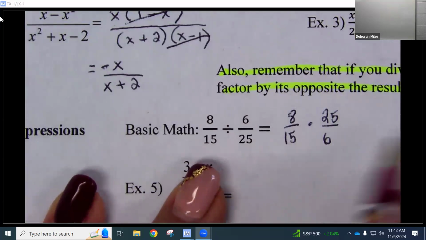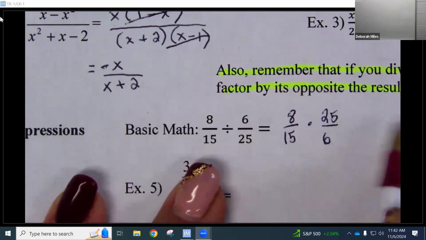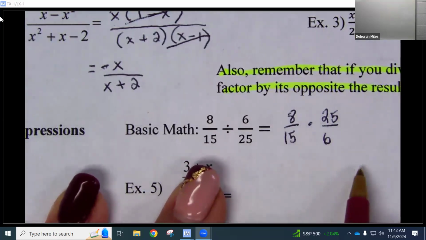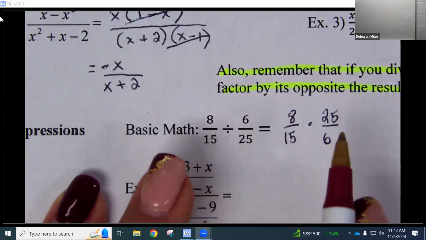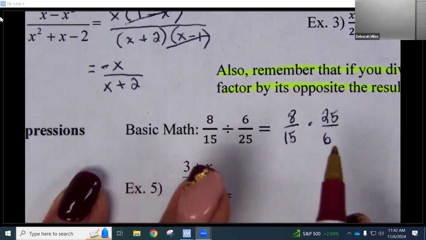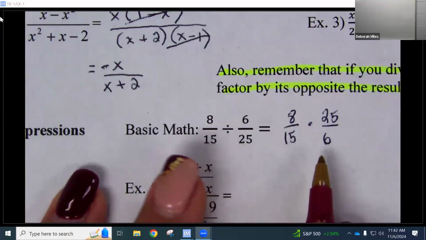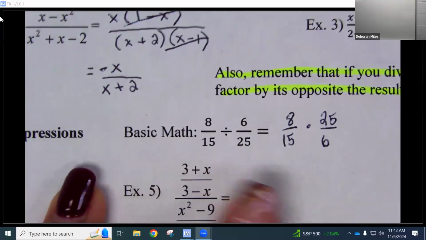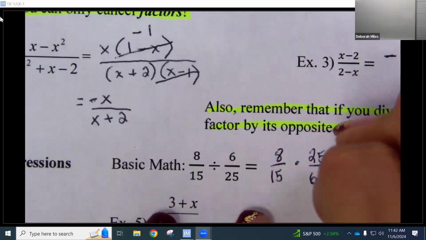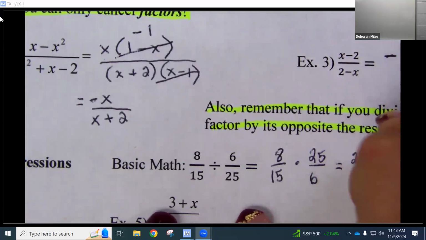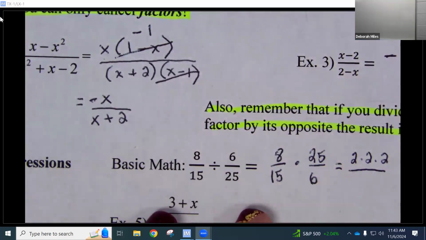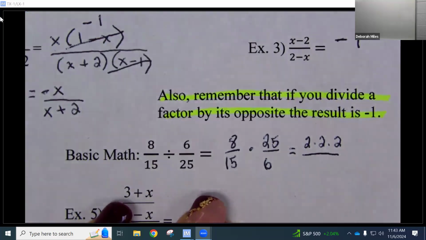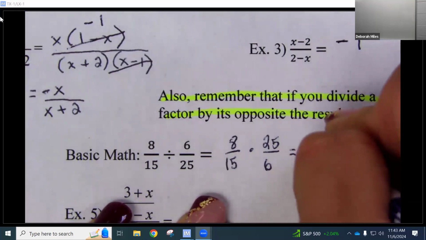Straight across, I think I'd get 200/90, and I could reduce that. But if I cancel my common factors before I multiply, I don't get such big numbers that I have to reduce. So I could write that 8 as 2 times 2 times 2, and that 15 as 3 times 5.